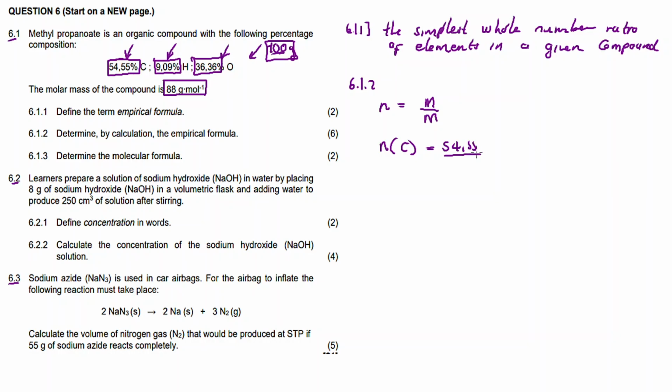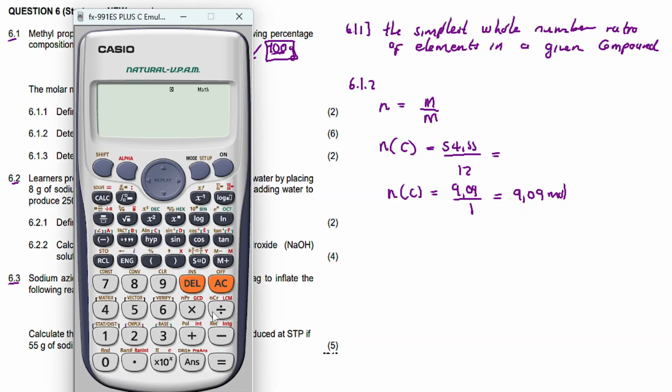The number of moles for carbon is 54.55 divided by the molar mass of carbon, which is 12, equal to 4.55 mole. The number of moles for hydrogen is 9.09 divided by the molar mass of hydrogen, which is 1, equal to 9.09 mole.